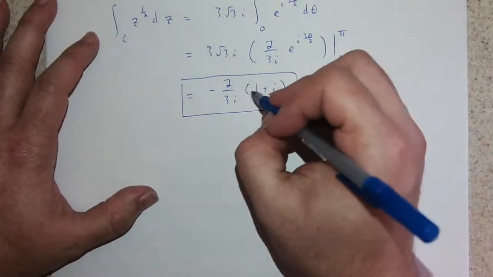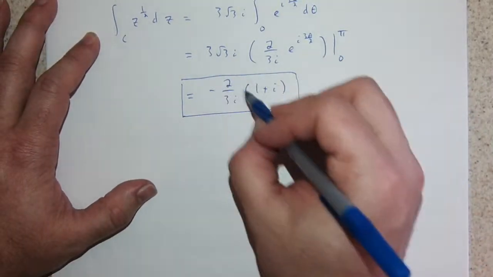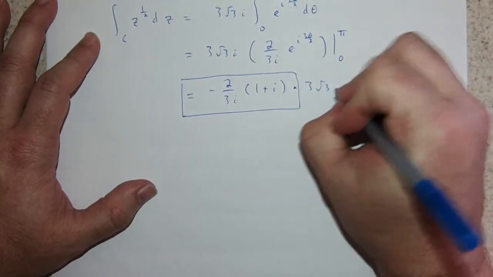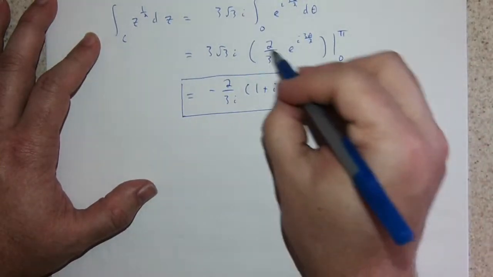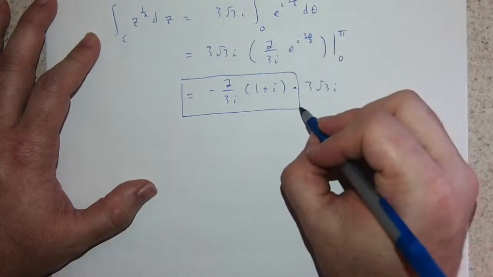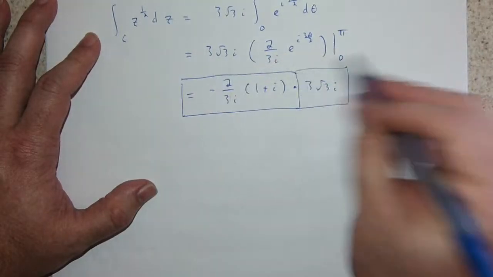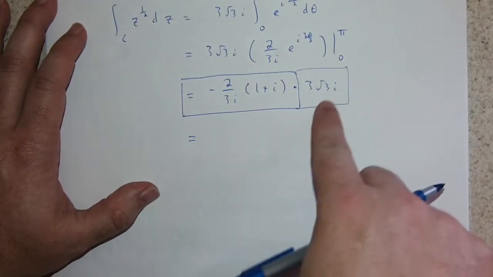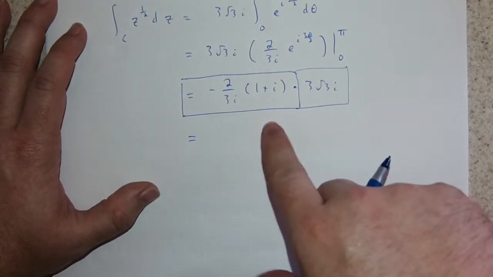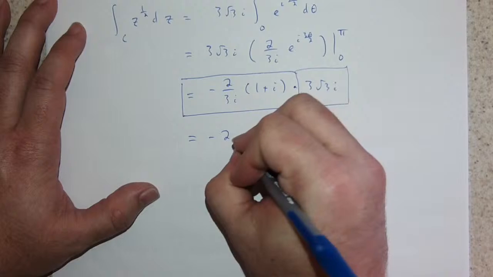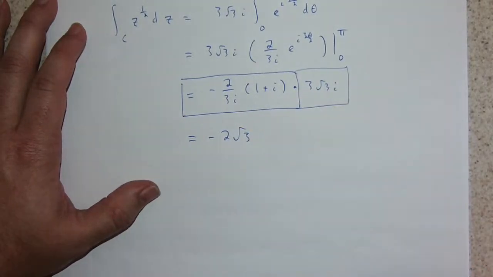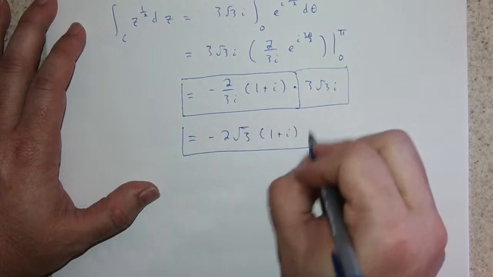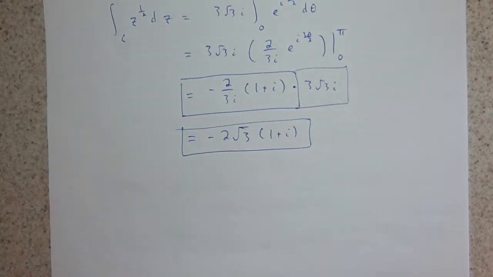Oh no, that's actually what I get from just this evaluation; I didn't multiply by 3 root 3 i. So I still needed to multiply, and if I do that, I get minus 2 root 3 times 1 plus i. There we go. Now we're done.